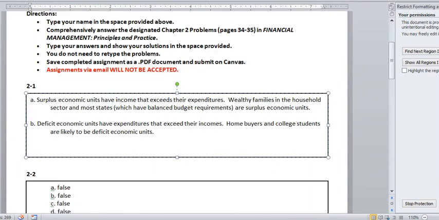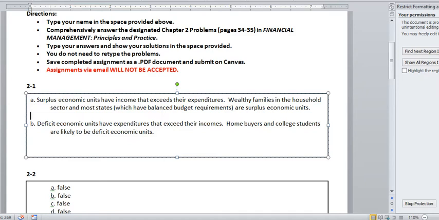they are any type of economic unit where the income of that unit or organization exceeds the expenditure. So wealthy families in the household sector, and most states which have a law that says they must balance their budget, so they must take in more income than they expend.